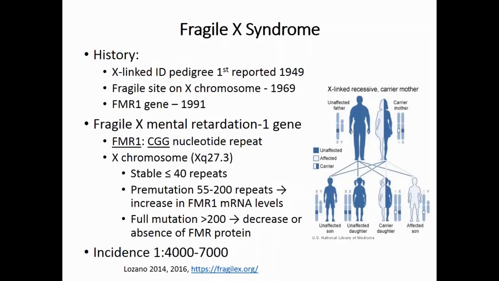The mother is the carrier, and the son, having received the abnormal X from the mother and the Y from the father, is affected. Overall, the incidence is 1 in 4,000 to 7,000, being about twice as common in boys. Currently, it's recommended to perform molecular genetic testing for this disorder in all children who have intellectual disability of unknown etiology.